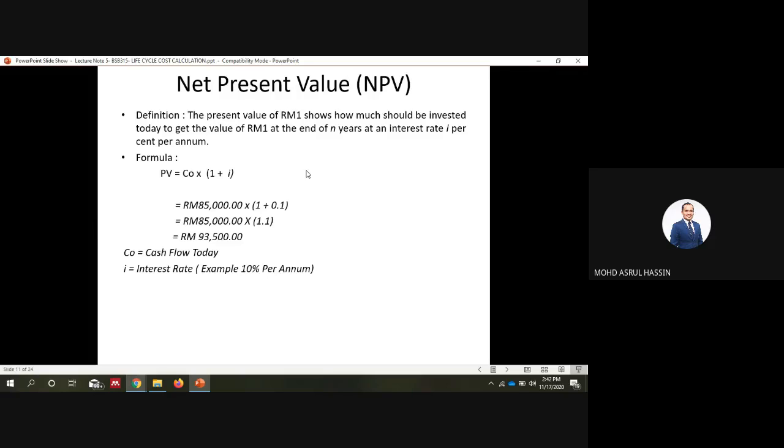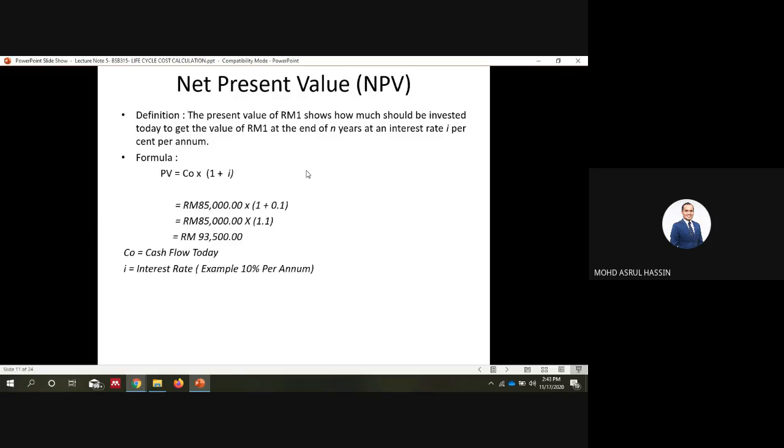The PV formula is that C0, cash flow today, times 1 plus I, where I means interest rate. This formula for the present value of RM1 shows how much should be invested today to get the value of RM1 at the end of the year.